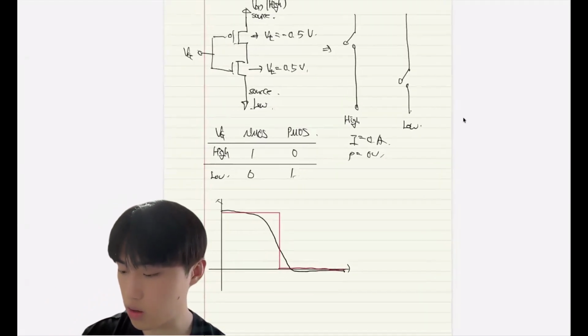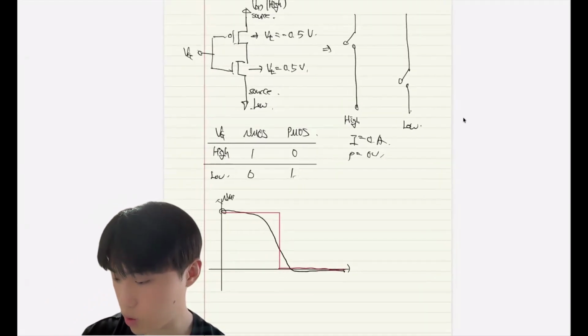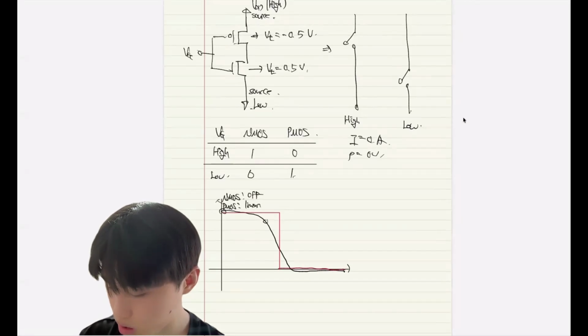So this part will be NMOS for off and PMOS for linear. So this part will be set. NMOS for set.